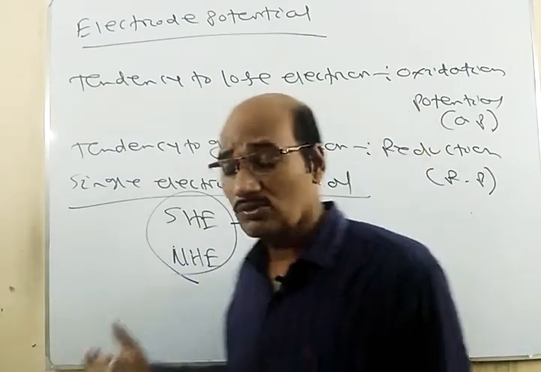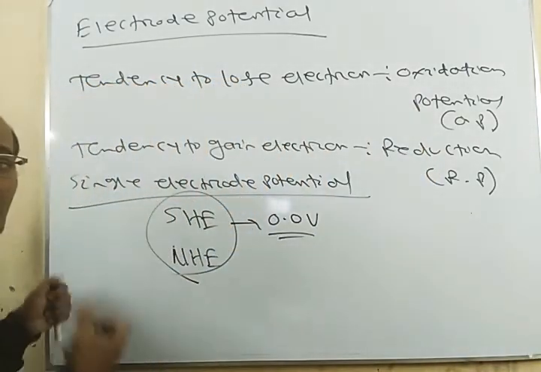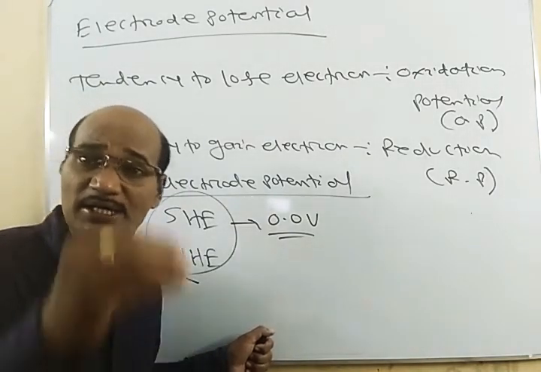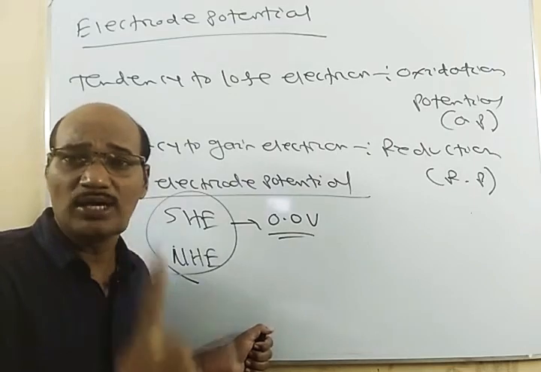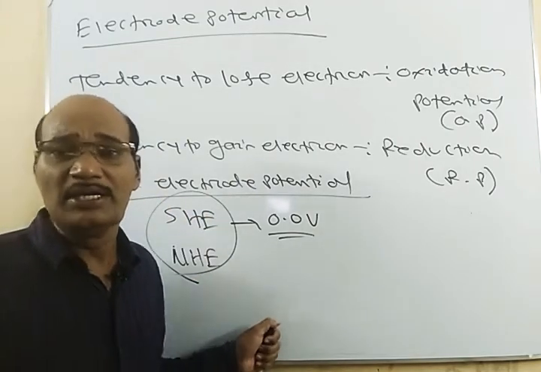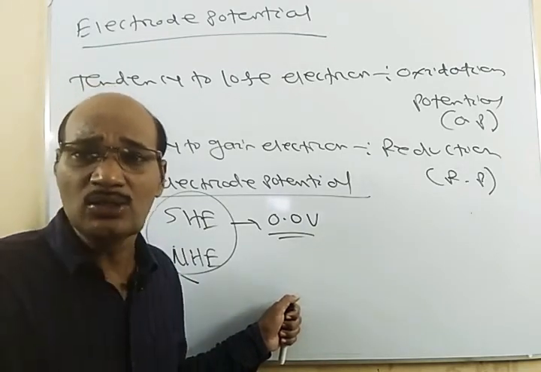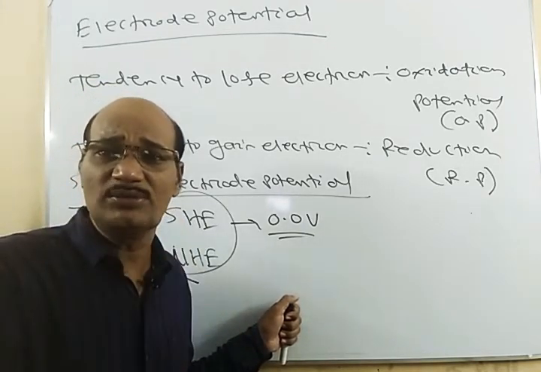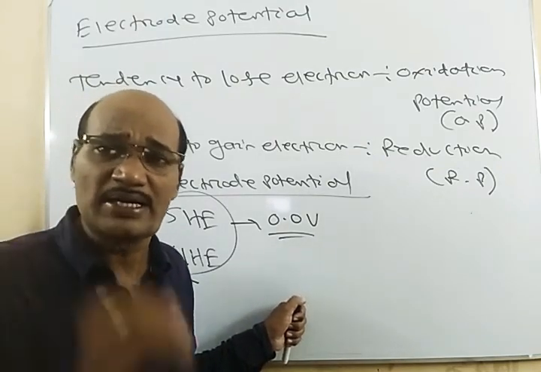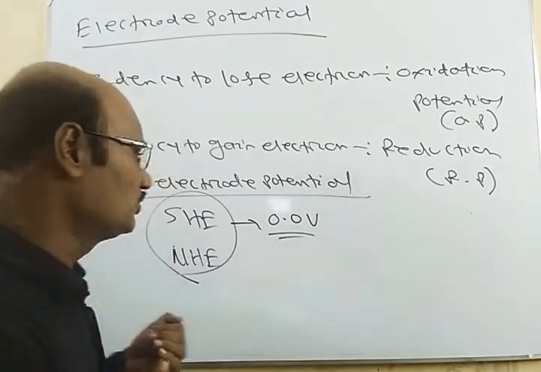Okay, and what is called the standard electrode potential? If we calculate the potential at standard condition, that is 1 molar concentration and 298 Kelvin. If the electrode is suspended in 1 molar concentration of electrolyte at 298 Kelvin, that is called the standard electrode potential, E0.